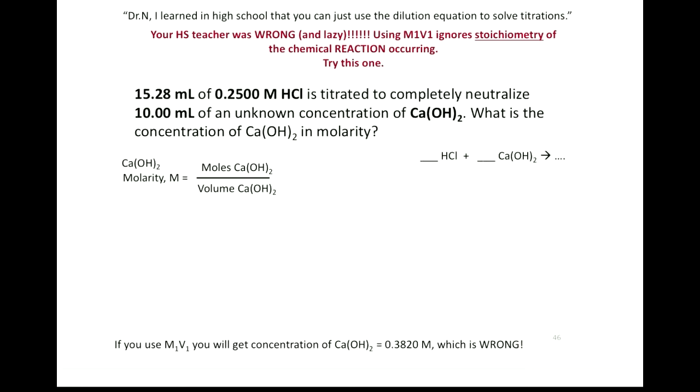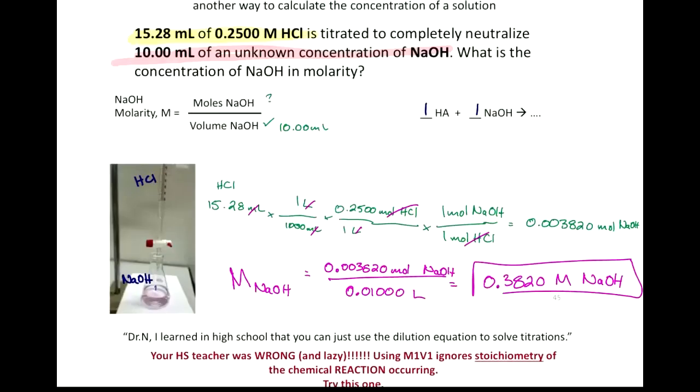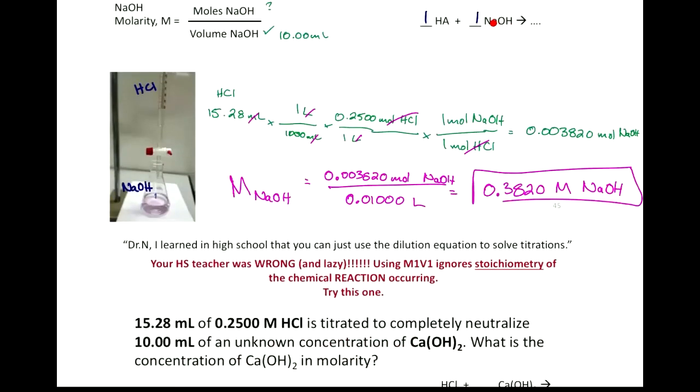A dilution, we already talked about dilutions. With dilutions, you're just adding water. That's a physical change. So when you use the dilution equation, that's just a physical change. These reactions, like we balanced reactions, are chemical changes.